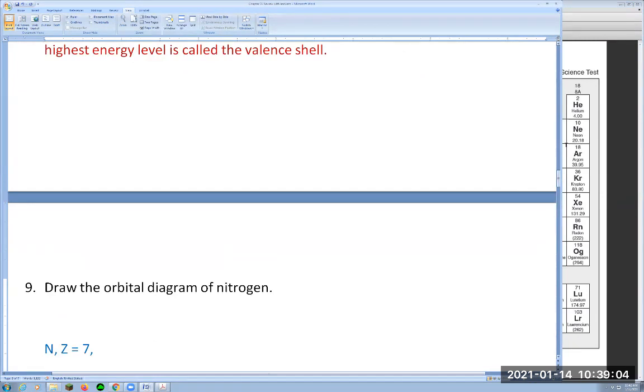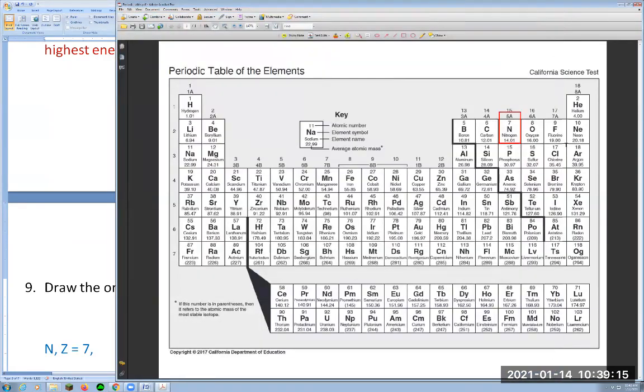And I use the periodic table to do the electron configurations. If you know how to use that, it's helpful. So let me explain how we do this. How do we use the periodic table to do electron configurations?